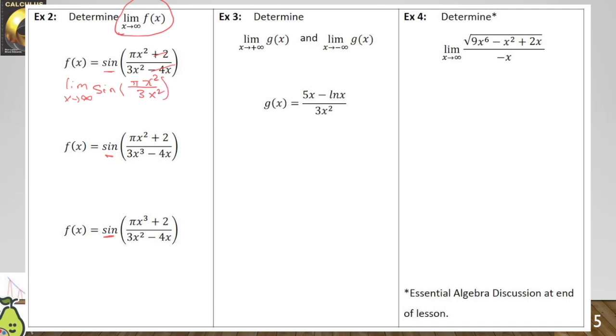Now, the x squareds, of course, will also cancel out. Very convenient, don't you think? And we're left with the sine of pi over 3. And you should know what the sine of pi over 3 is. I'm not actually going to tell you just yet. I want you to be reminded of what the sine of pi over 3 is equal to.